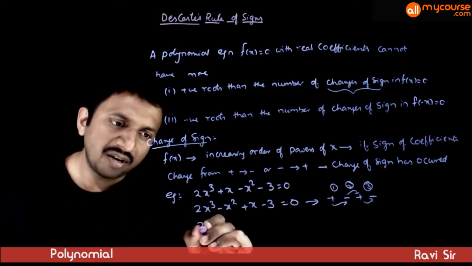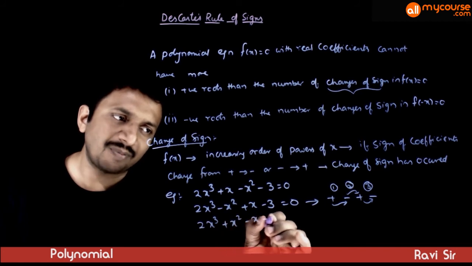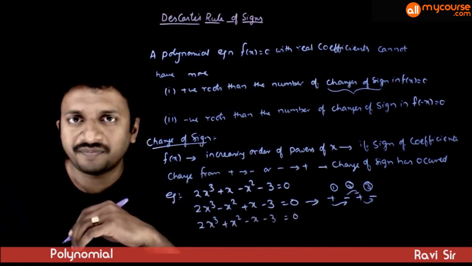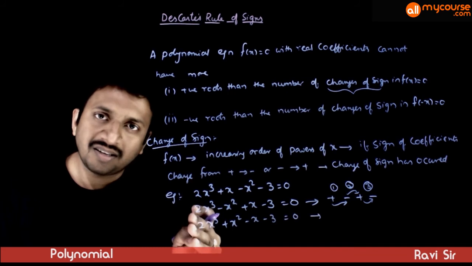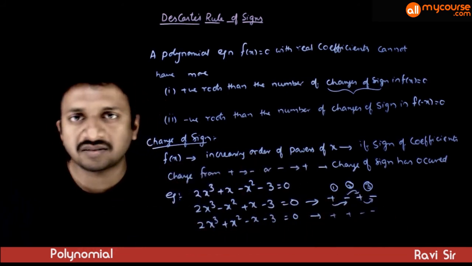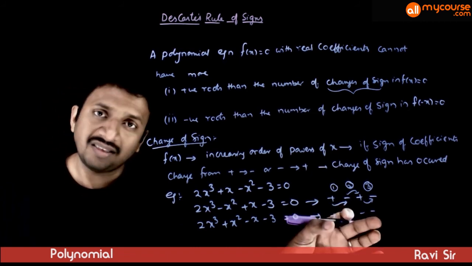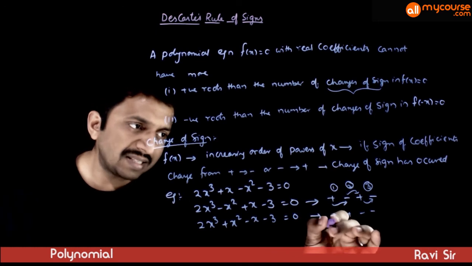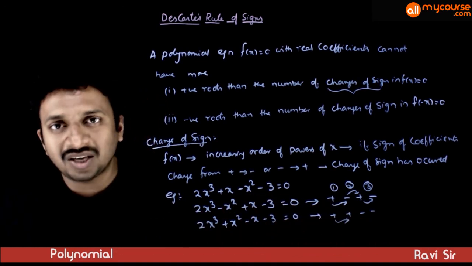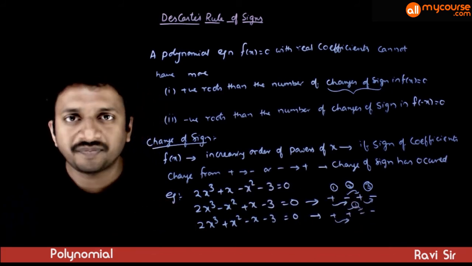So if you have 2x cubed plus x square minus x minus 3 is equal to 0, here the signs of the coefficients are plus, plus and minus, minus. Now how many changes of sign are there in this equation? Plus to plus, there is no change of sign. Plus to minus, there is one change of sign.